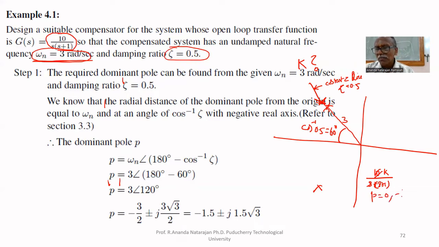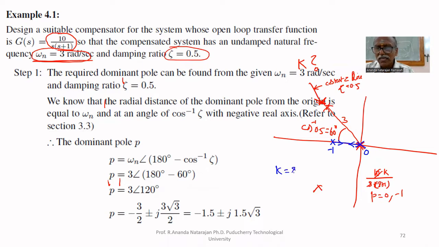Let us check what the poles are. One pole is at 0, another at minus 1. Both are starting points, so the root locus branches will approach each other. There will be a breakaway point. How to find the breakaway point? dk/ds equal to 0.